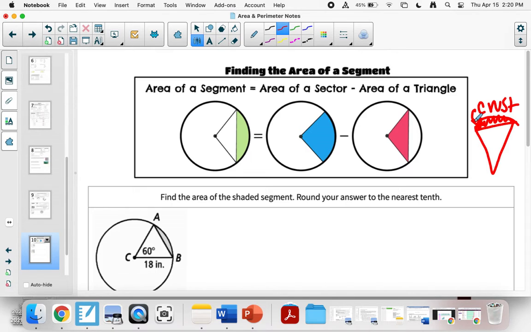In order to do that, we're going to find the area of a sector, which is the whole pizza slice. Then we're going to subtract out a triangle, which is like where your cheese and pepperoni and sauce go. So we're going to find the area of the sector, the area of a triangle, and then subtract the two.